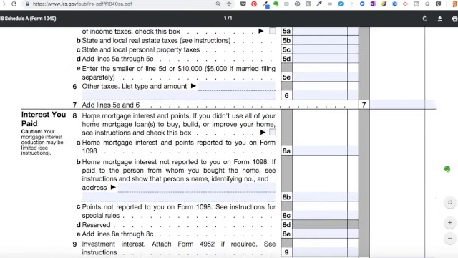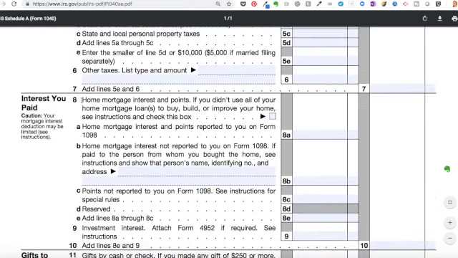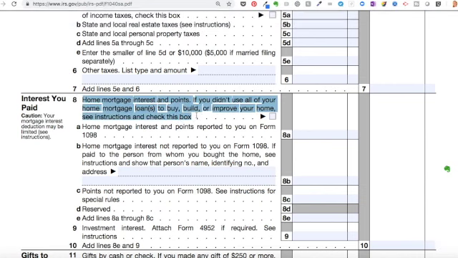Okay, interest you paid. So here we have home mortgage interest. Now that means as long as you take out a loan to buy, build, or improve your home, just as it says right here, then the interest and any points you pay can be deductible. Now that's this whole section for line 8, right? Then we have some other sections here.